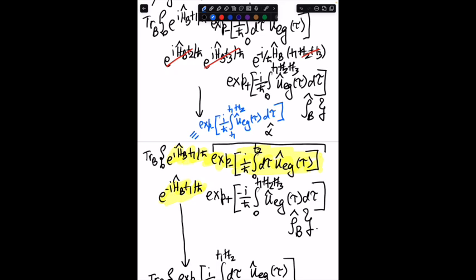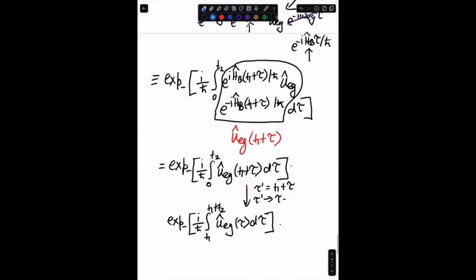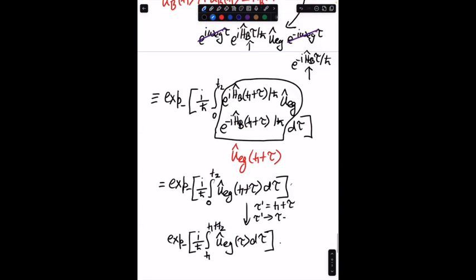Yeah, so that's mathematically more accurate, and this is how you prove it mathematically too.